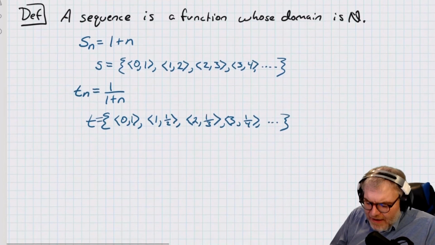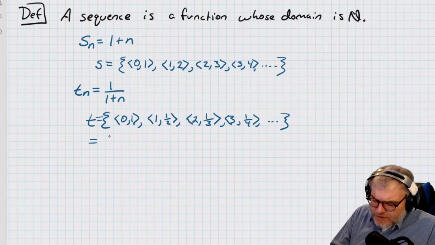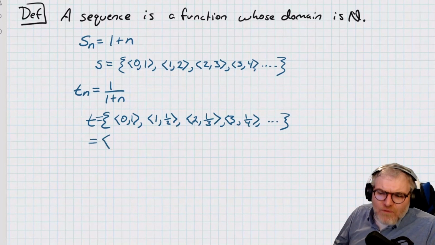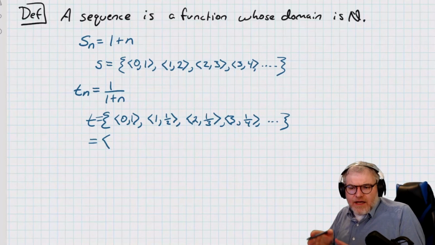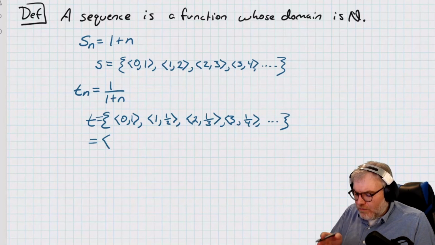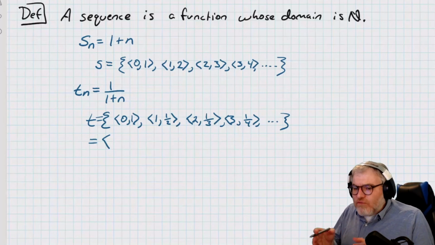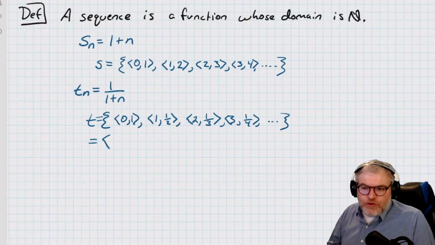Now, because this is just a sequence, I can also write this with special notation. I can just write the elements of the target, the y values actually hit. I can just write them as an ordered tuple, and it's an infinite ordered tuple.